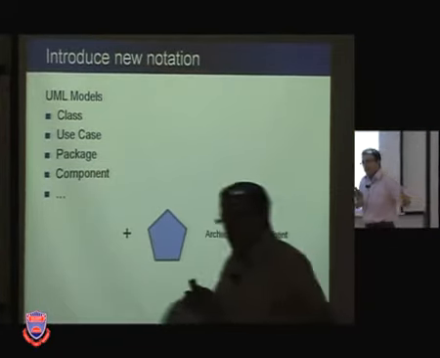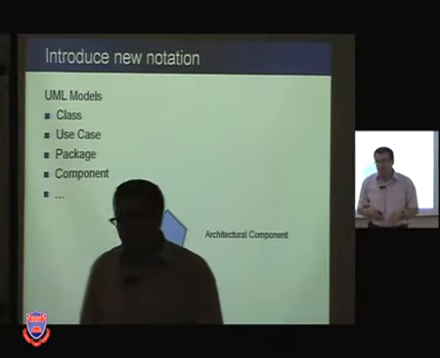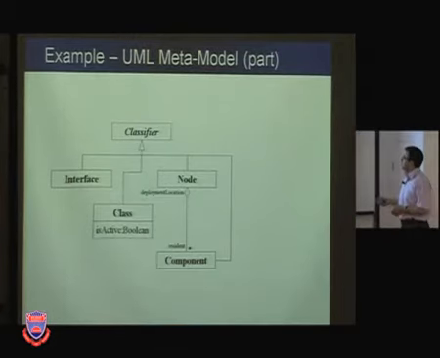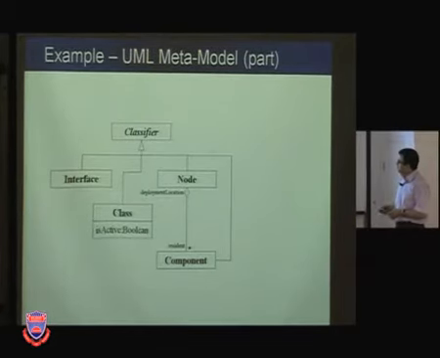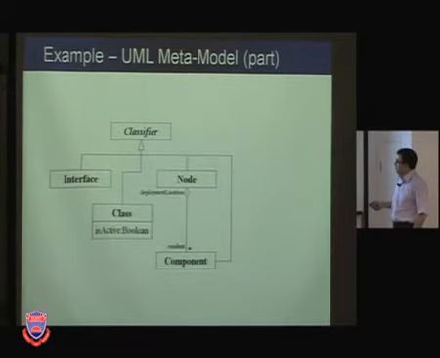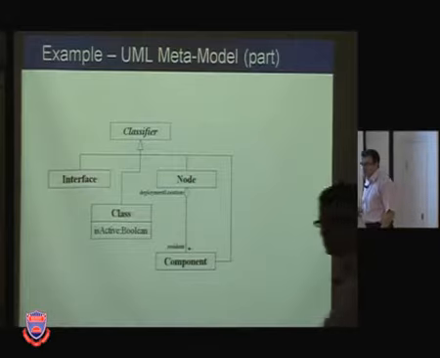So actually what you do is, you have UML, you add a new element. Like this is part of the UML meta model. It's just part. So classifier can be an interface, a class, a node. Node consists of components. And so this is the UML meta model.